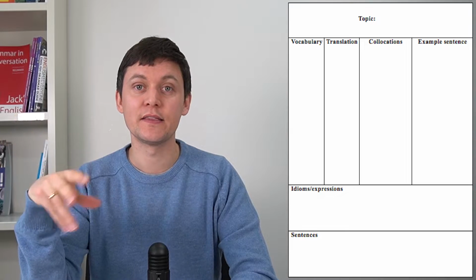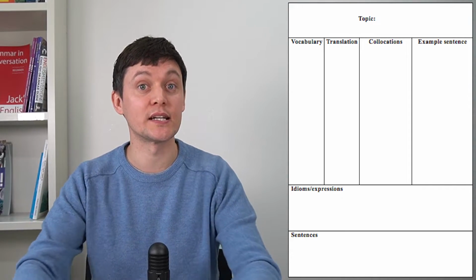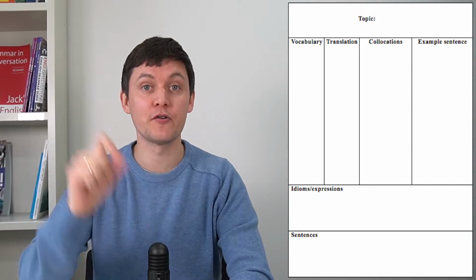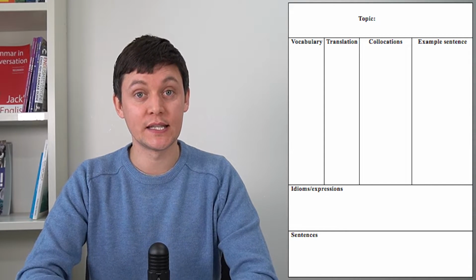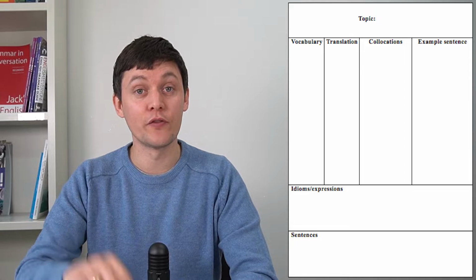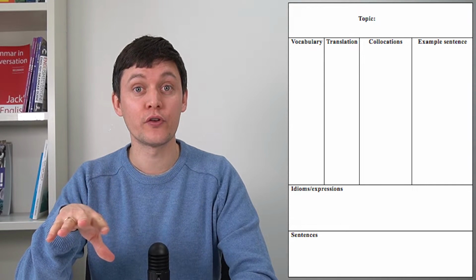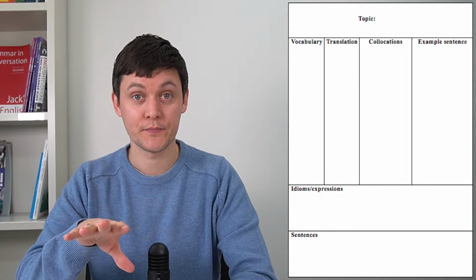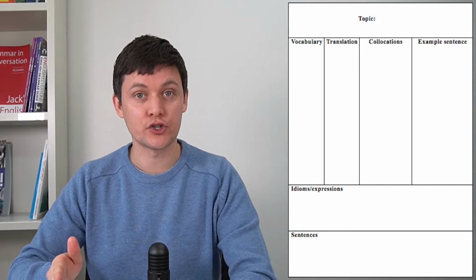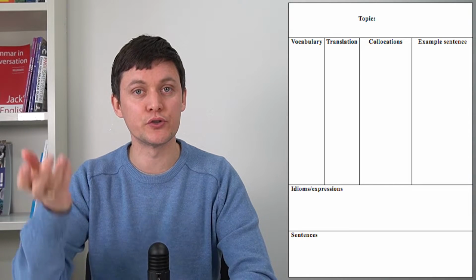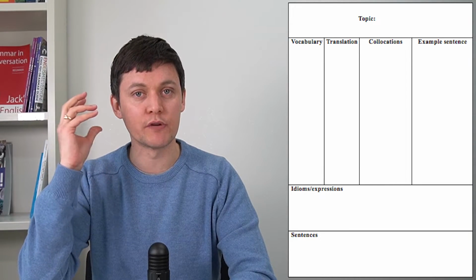So let's say the environment. Today we are studying the environment. So we put environment at the top. We learn words connected to the environment. So obviously on the left-hand side, you put the vocabulary you learn. I do think it's a good idea to next put a translation. I think that really helps you to fully understand the word and recall it.